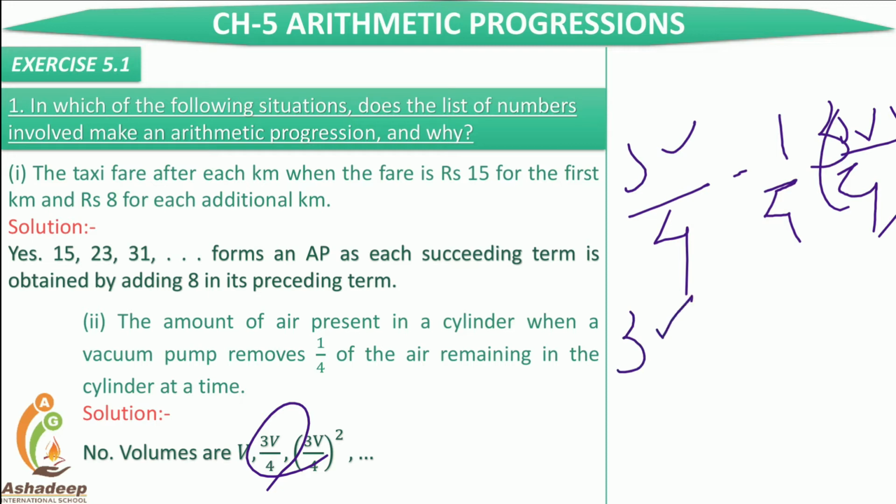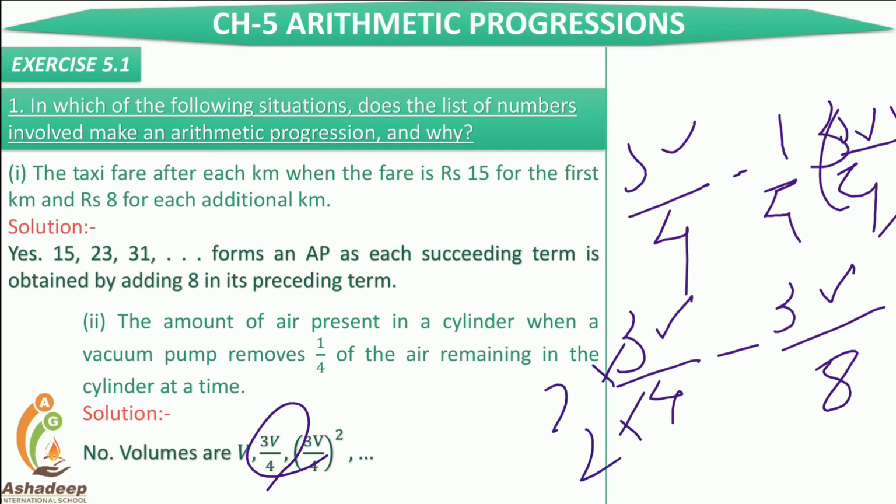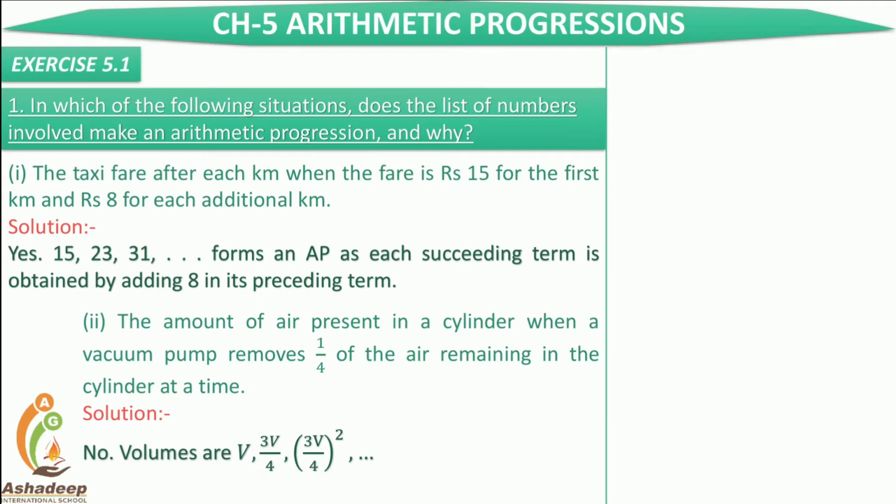So 3V by 4 minus 3V by 16. Here we multiply with 4 to get a common denominator.